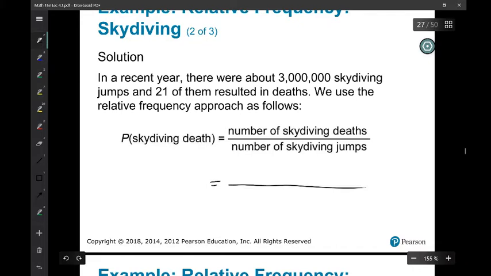So the total number of skydiving jumps here was 3 million. And the total number of skydiving deaths was 21. So using this frequentist approach, this would reduce to 7 over 1 million.